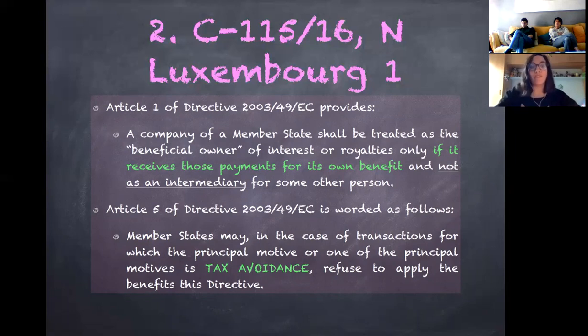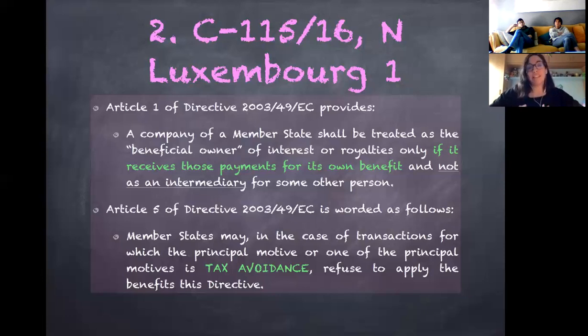Article 5 of the Interest and Royalties Directive establishes the following statement. Member states may, in the case of transactions for which one of the principal purposes is tax avoidance, refuse to apply the benefits of this directive.